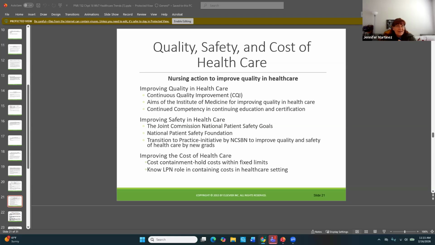The first E is effective, sorry. That's providing services based on scientific knowledge. The second E is efficient, avoiding waste of equipment, supplies, energy, that kind of thing. And then the third E is equitable, providing care that does not vary in quality because of personal characteristics.